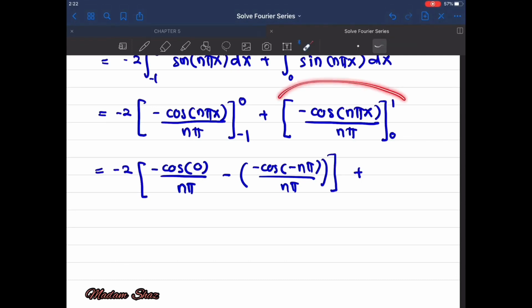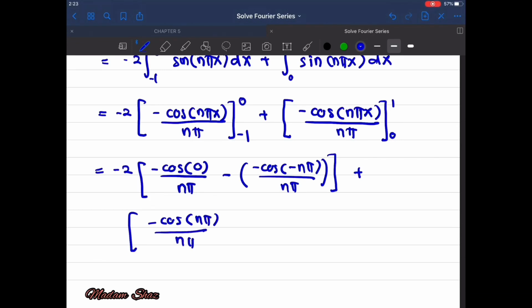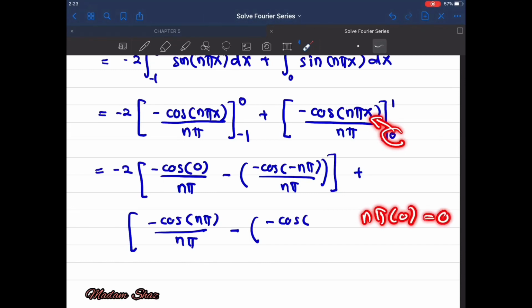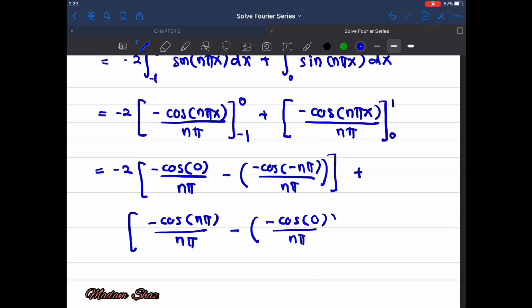Now substitute the second limit 1 to the position of x. n pi multiply 1 will become n pi. So therefore this one will become negative cos of n pi divided with n pi minus, in the bracket, negative cos 0 to the position of x, and pi multiply 0 will become 0. So cos of 0 divided with n pi.